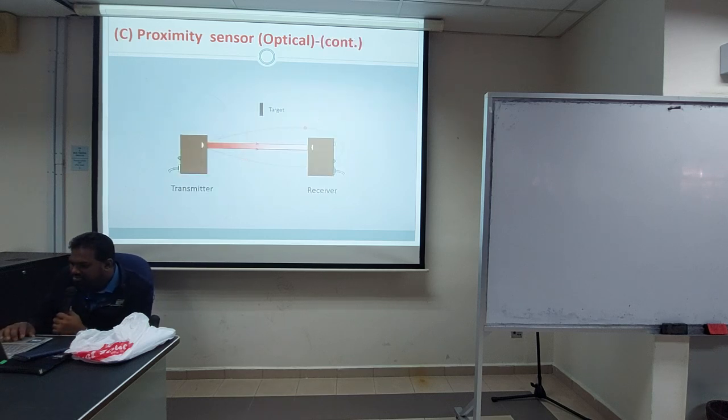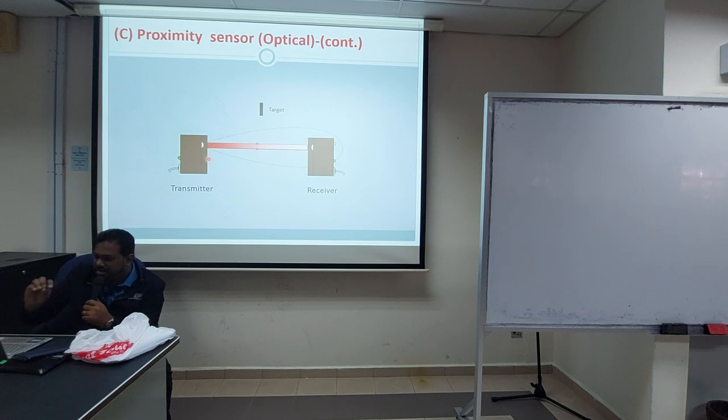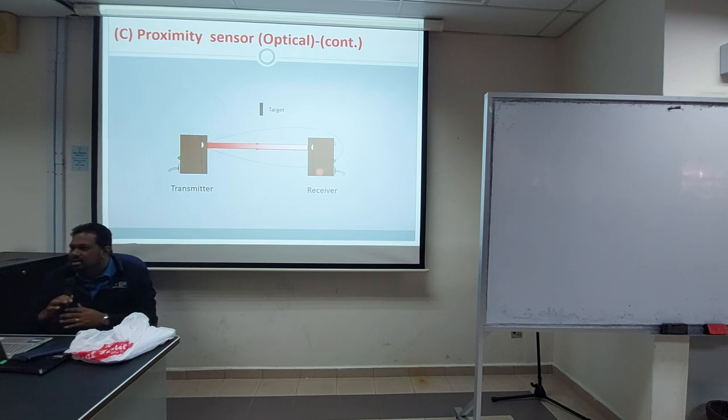Okay, boleh tengok some simulation. So ada transmitter dengan receiver. So kalau dia send cahaya, dia selalunya akan ada transmitter and receiver. So dia send cahaya dari sini, so dekat the other end you have a receiver. The receiver akan terima cahaya tu. Kalau in between ada apa-apa, maksudnya dia akan alang lah. Macam dekat sini, so you have a target, so this is your detection zone, so this is your transmitter.